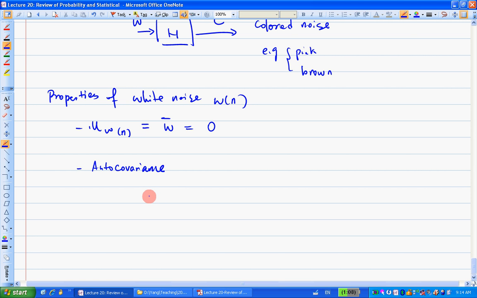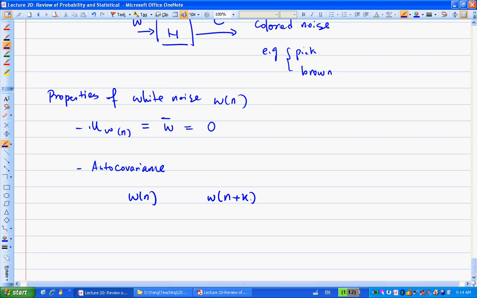So the autocovariance you're looking at is C W. Here's the W of n. Let's say n may be 1 or 2, any numbers you want. Then you look at the relationship between W of n and W of k.